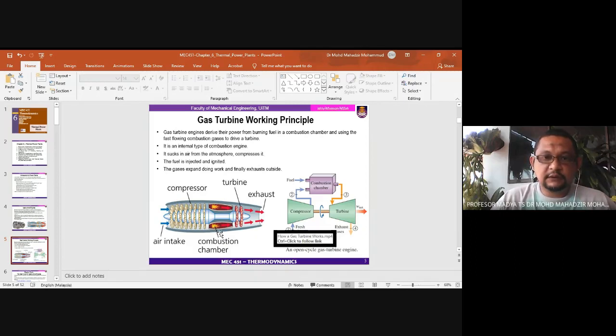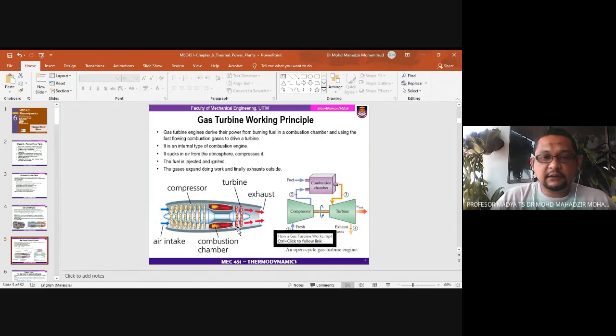So this gas engine derives its power from burning fuel in the combustion chamber, and it produces high energy power that turns this turbine and makes a thrust force for this engine. So it will push all the flow, all the energy.